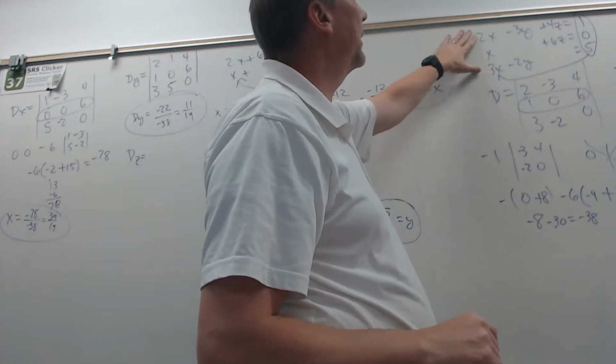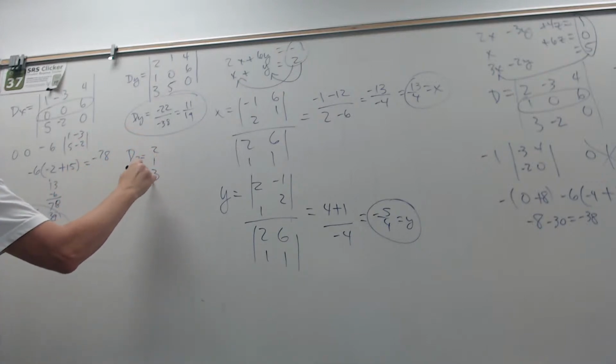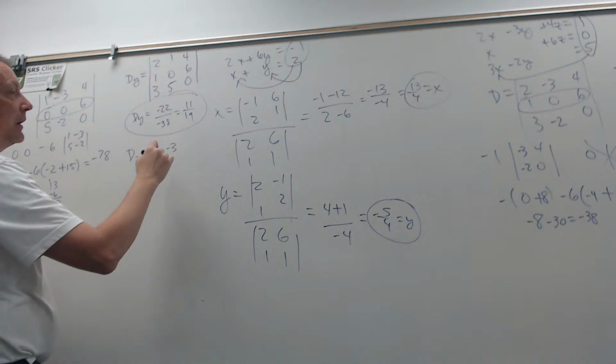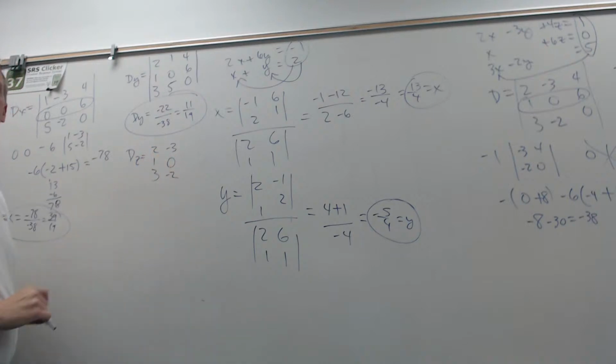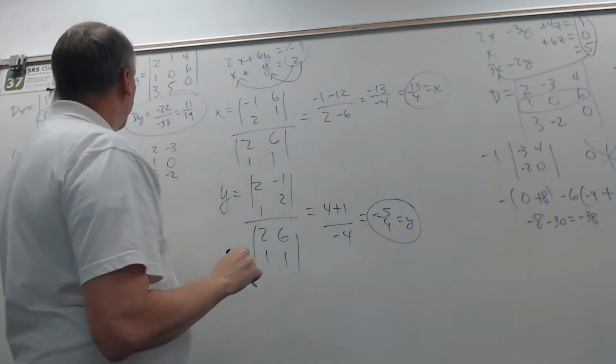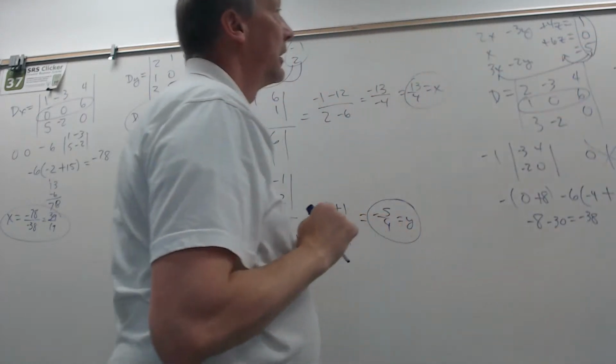The 2, 1, and 3. We're keeping the y's, so -3, 0, -2. Don't forget the 0. The last column is going to be 460, no, because we're substituting this for your z column, so then 105.